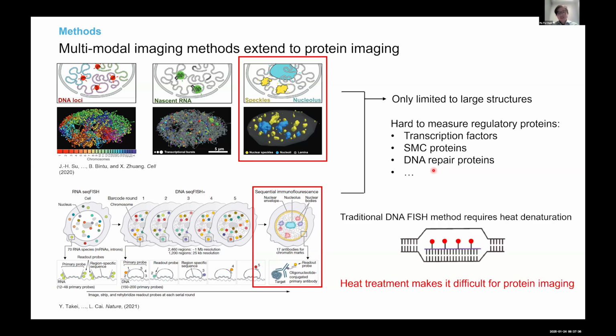The major reason is that the traditional DNA FISH method requires heat denaturation to break up double-strand DNA for the DNA FISH probe to hybridize, and apparently this heat treatment makes protein imaging pretty difficult because it can disrupt the protein structure.